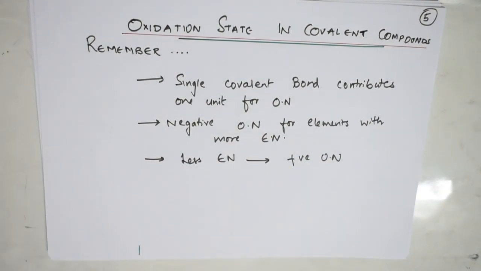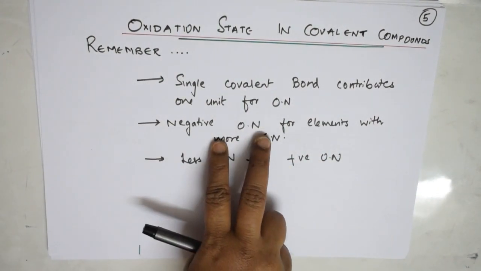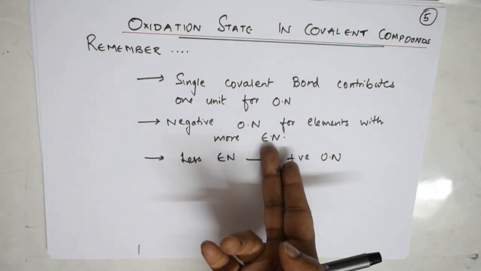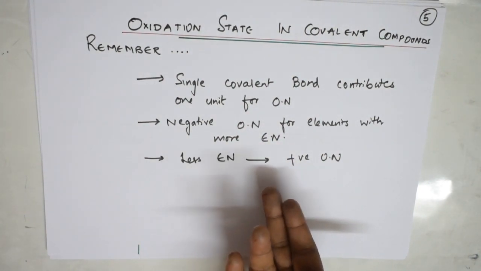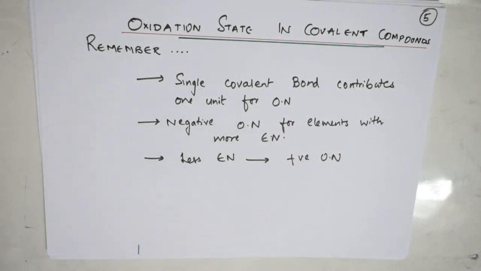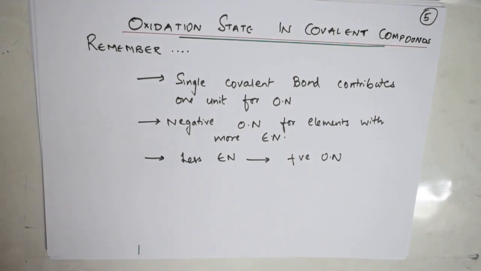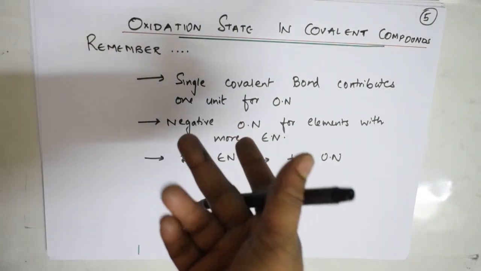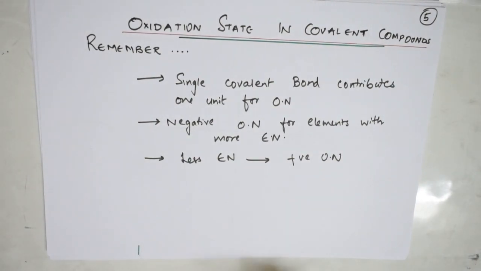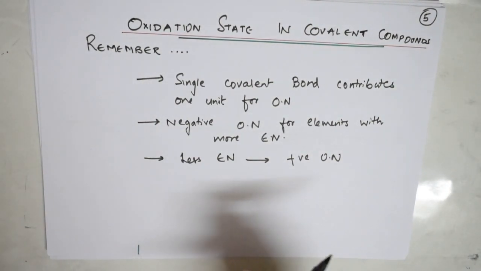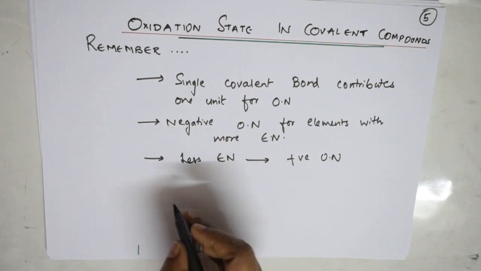So remember, this is easy, right? Negative oxidation number for more electronegative atoms, positive oxidation number for less electronegative atoms. And if there is a single covalent bond, it means one unit, one oxidation number.